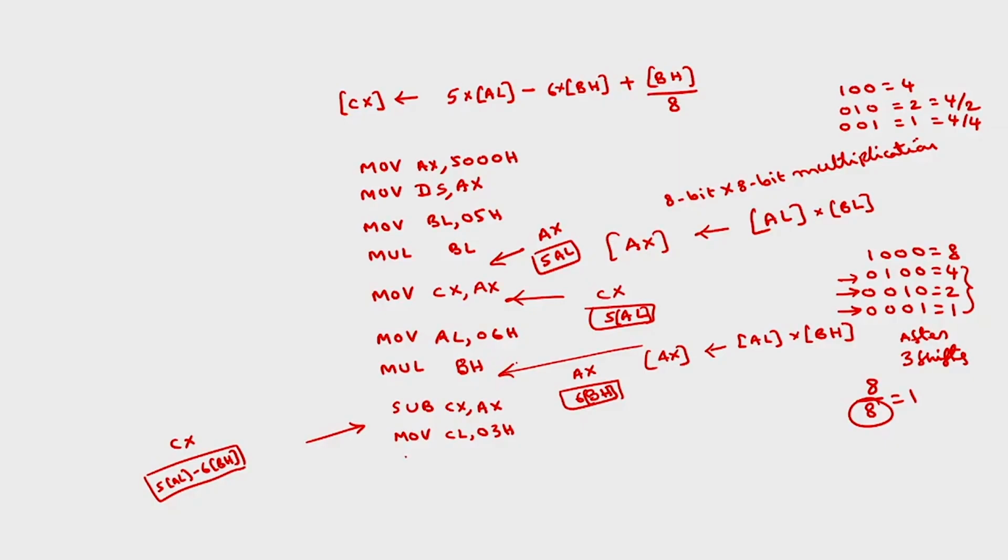Then you have to shift BH contents: SHR BH, CL. So, this operation will shift the contents of BH by CL number of times. CL we have 3. The result is stored in BH only. So, BH by 8 will be performed here.